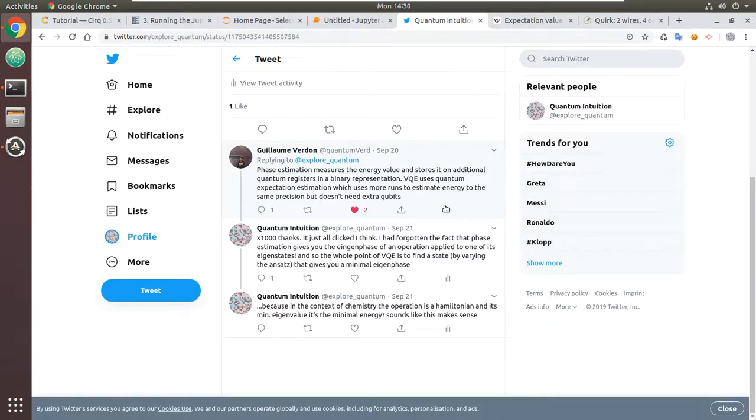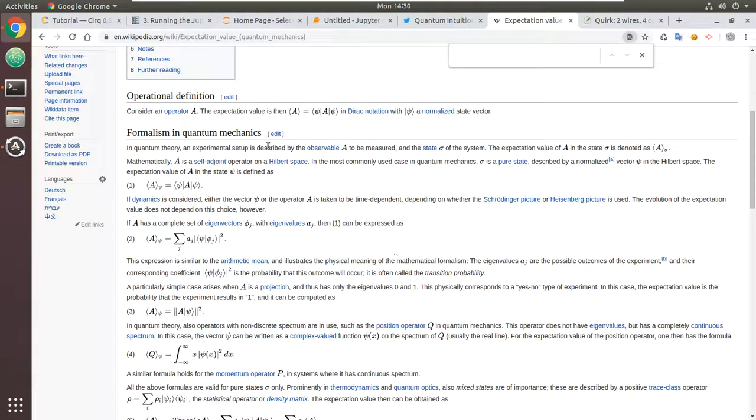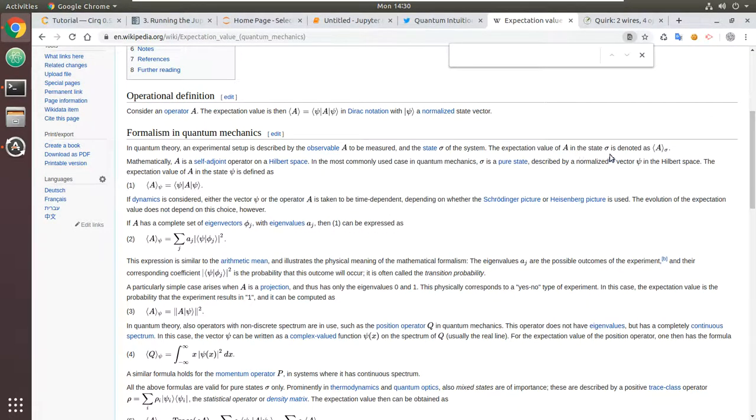But if you would measure the... So A measured in a state, this is the expectation value of A in a state.